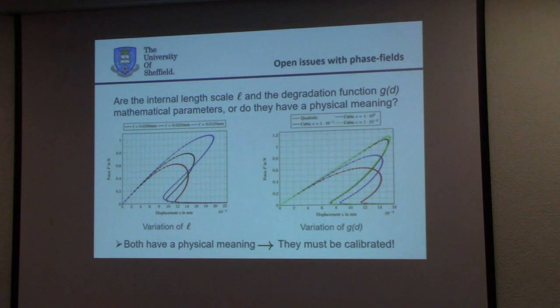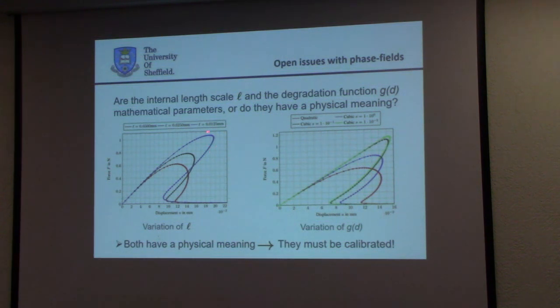So I told you in the beginning that the smaller you make the length scale, the better you approximate your original Dirac function. But you need then more elements. And you see also that we are simulating brittle fracture.